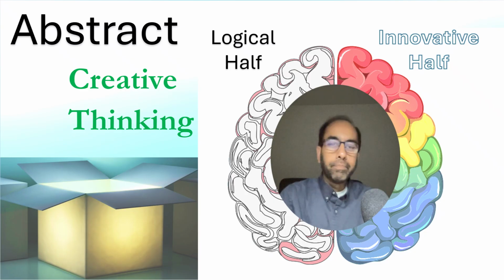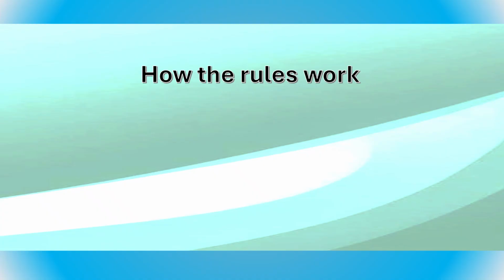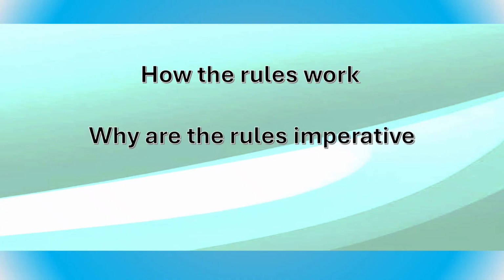And if you do, it may change how you approach problem solving, how you generate new ideas, and just life in general. We will review how the rules work, why the rules are important for effective creative thinking, and how to put them to use.